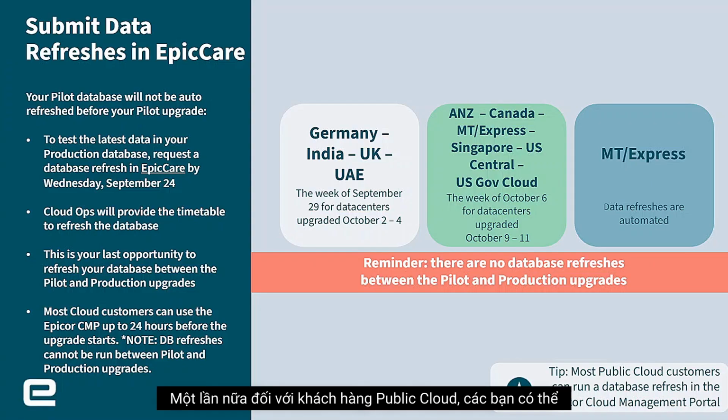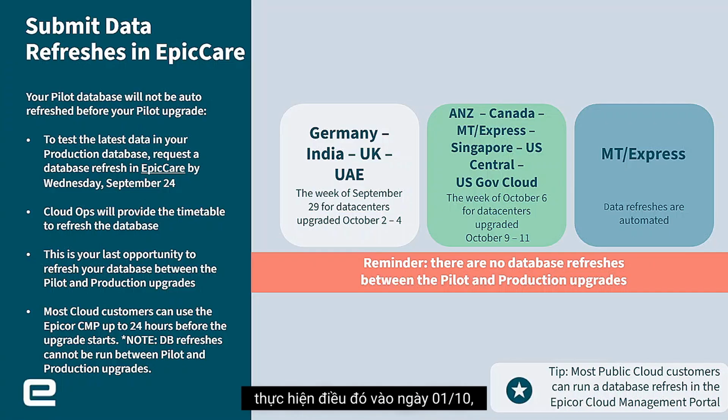Again, for some of our cloud customers in public cloud, you have the option to do it through the cloud management portal, and you can do that up to 24 hours before the upgrade starts. So if you're in Germany, you can do it October 1st, 24 hours before 7 p.m. on October 2nd. And for our multi-tenant Express customers, your refresh is, as always, on schedule, the third Sunday of every month. We refresh your database, so we will be doing that as we normally do.